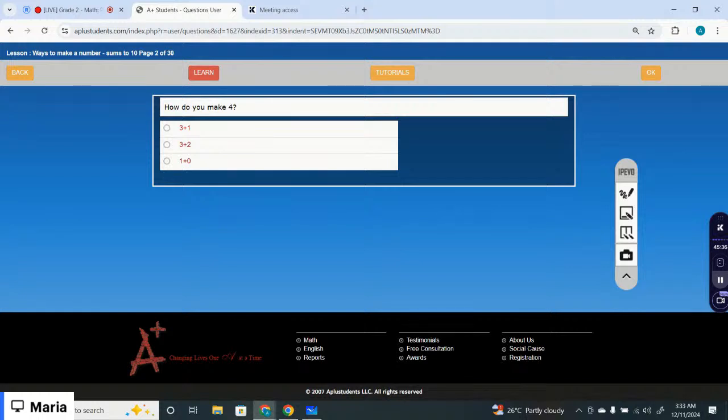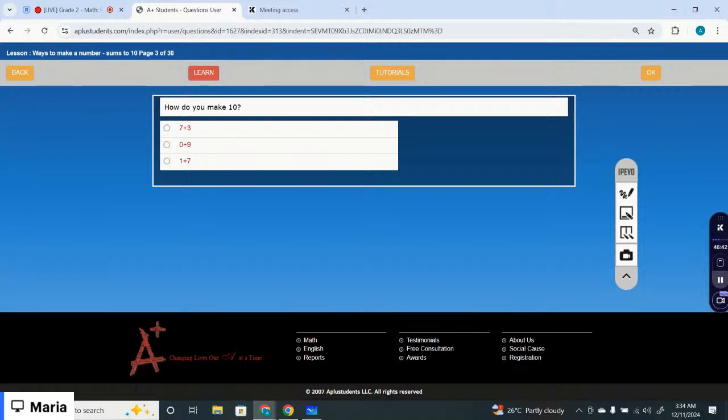How do you make 4, which is the correct option? Option number 1 is the correct option, right? 3 plus 1 makes 4. Option number 1 is the correct option.